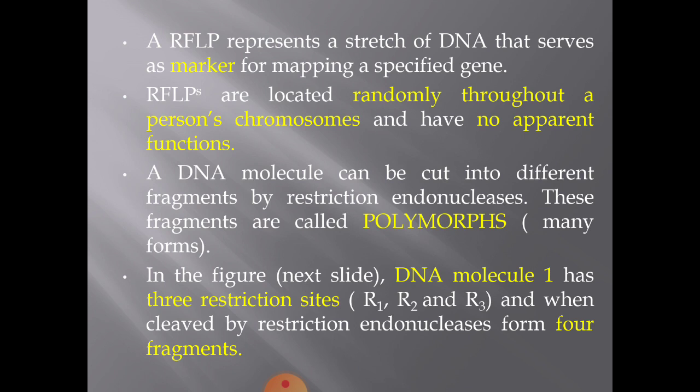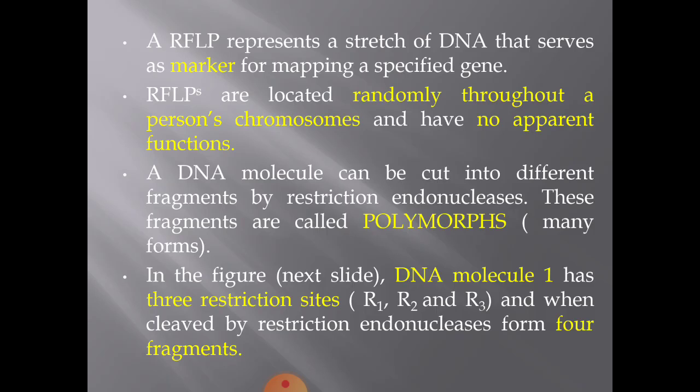Then its length. So the length of restriction fragments after digesting the DNA by using restriction endonucleases, and their polymorphism. Poly means many, morpha means appear, many forms.